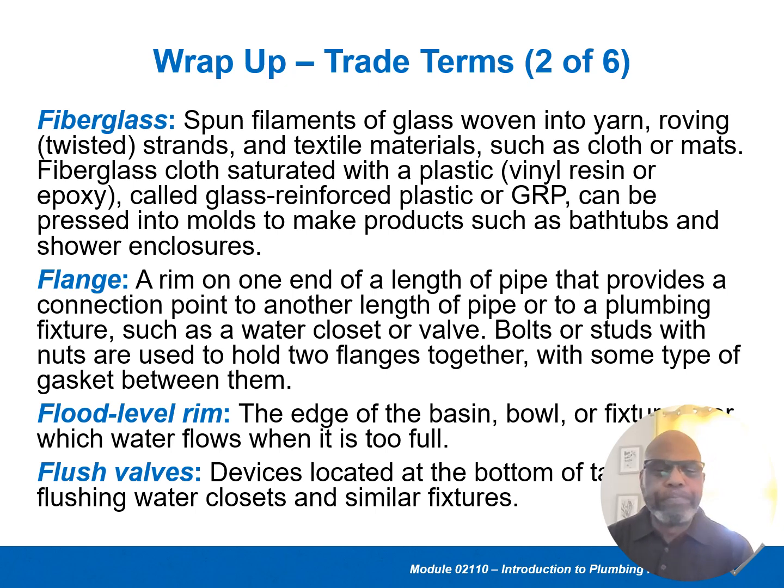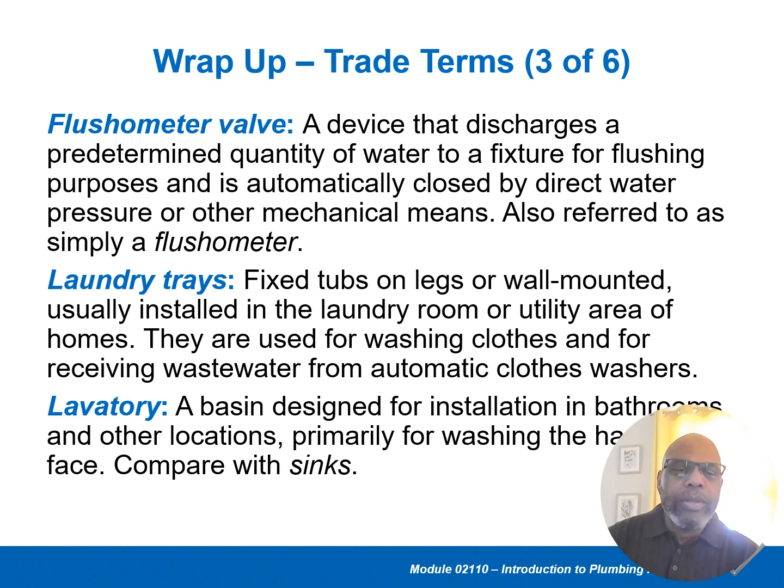Flood level rim. That's the edge of a basin, bowl, or fixture where the water will seek its level once it reaches that point. Flush valves are used on water closets and urinals to be able to bring water into the bowl. A Flushometer valve, it's a brand name, but it's a flush valve.